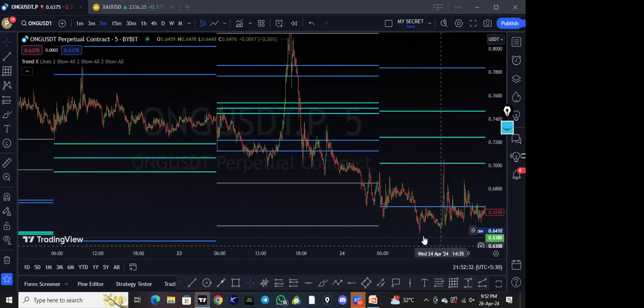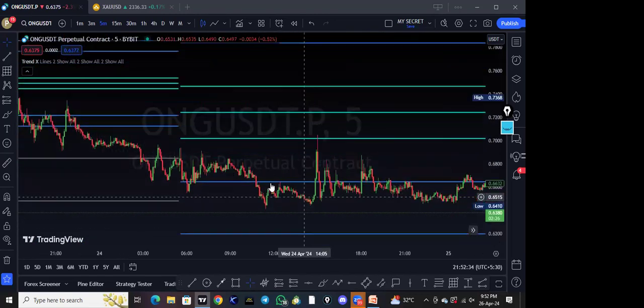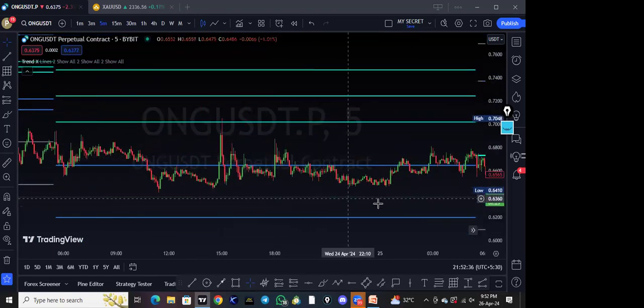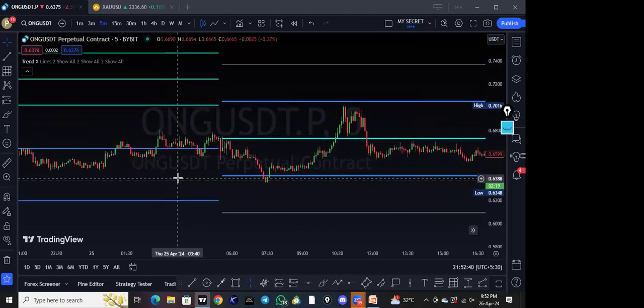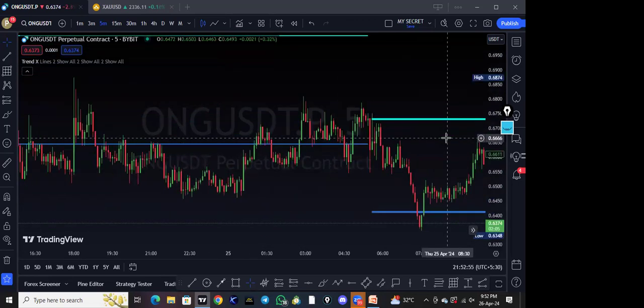And whenever it comes near support or resistance, the first thing is to wait. What candle can we see next? If you see any confirmation with the 4 candles, go for a long or short position, whatever the trend is.